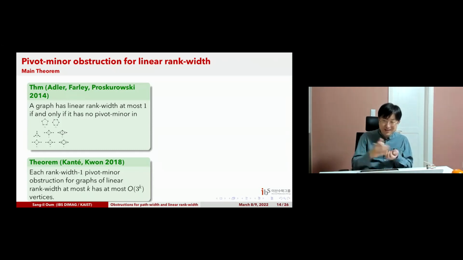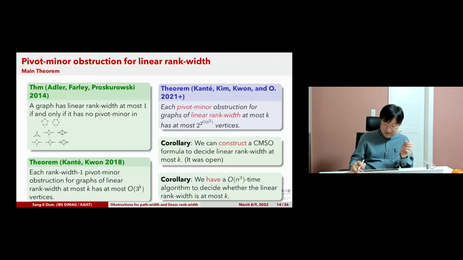So there could be other obstructions, but they were only able to prove it for rank width 1 obstructions. Our theorem says that pivot-minor obstructions for linear rank width k have this many vertices.